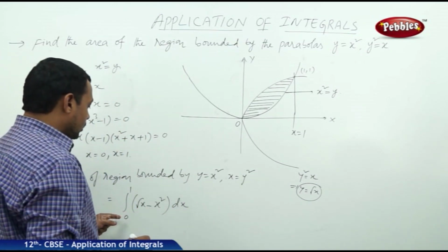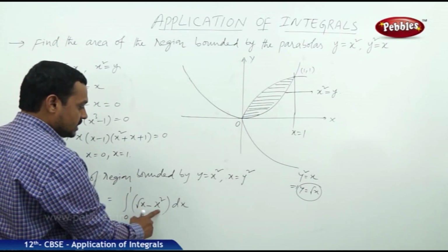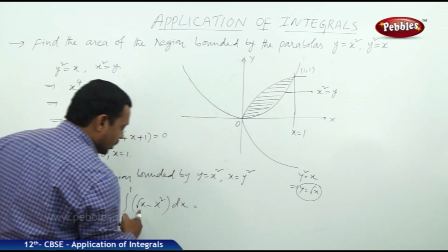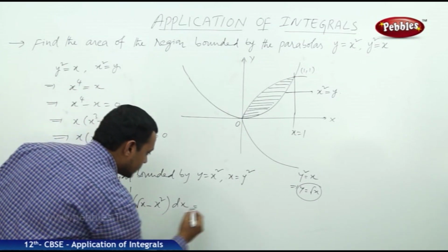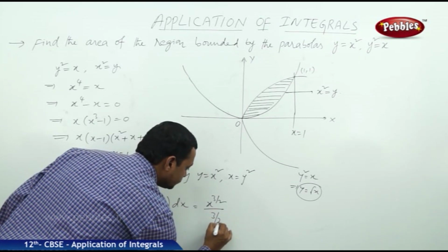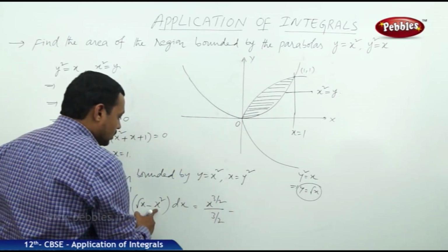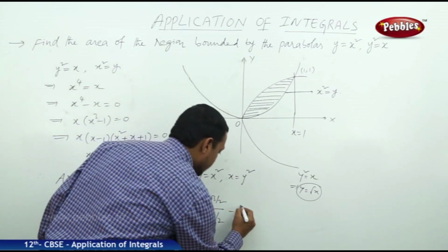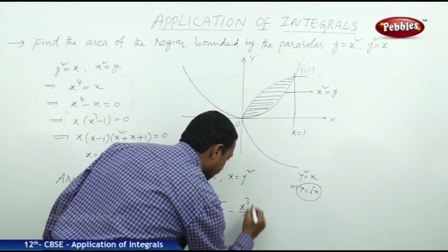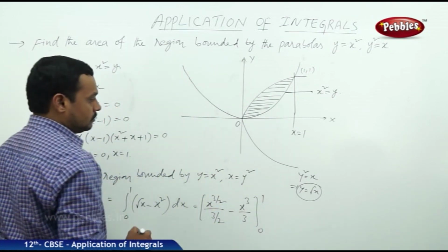So the integral from 0 to 1 of f(x) minus g(x), that is root x minus x square, dx. The integration of root x is x power 3 by 2 divided by 3 by 2, minus the integration of x square, which is x cube by 3, between the limits 0 to 1.